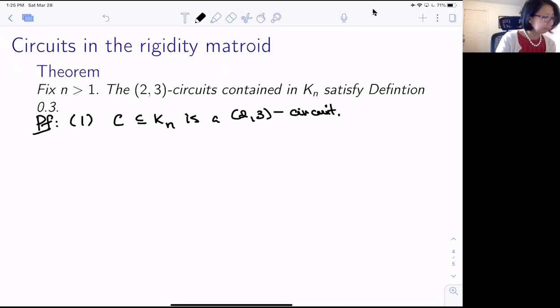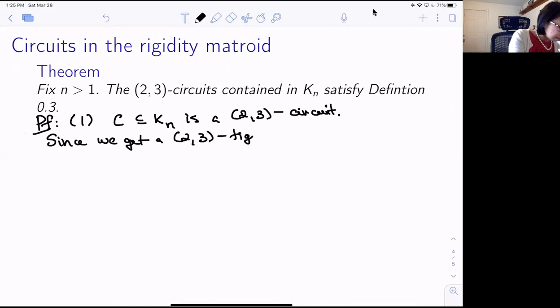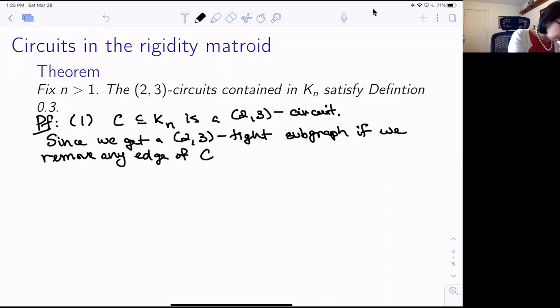Okay, well, since we get a 2-3 tight subgraph, if we remove any edge of C, we know that it can't strictly contain a circuit.